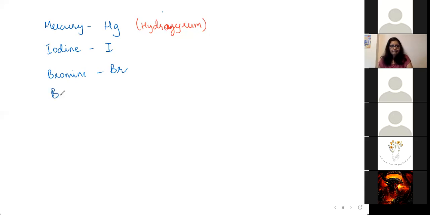Barium. Barium is a metal, just like calcium, magnesium. The only reason I'm giving you these names is because you will come across salts when you're doing reactions and all that. So the symbol for barium is Ba.